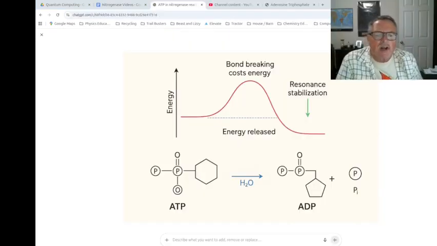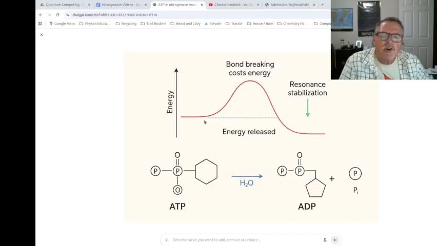I love this diagram. Here's the starting energy, and here's the ending energy after we get through with all of this. So in a way, it's like we're increasing energy. Here's water. And then by the time the phosphate springs away, we're down here.